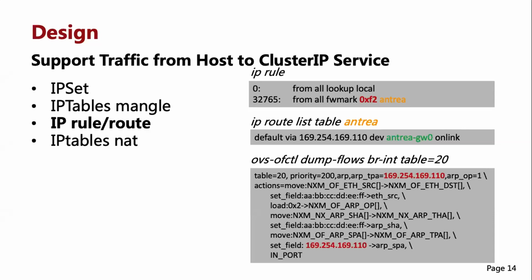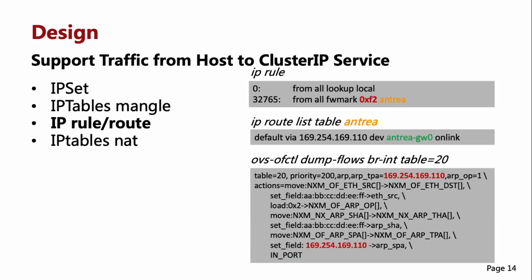Okay, thanks. I have one question. If we add all these iptables rules and IP rules, do we have to stop kube-proxy, or even if kube-proxy is running, will Antrea proxy still intercept the host-to-service traffic and the NodePort traffic?